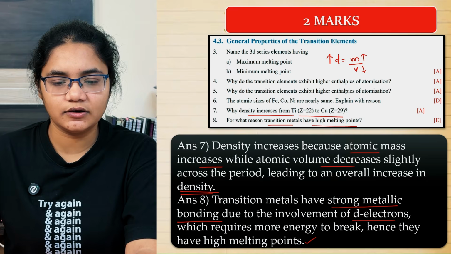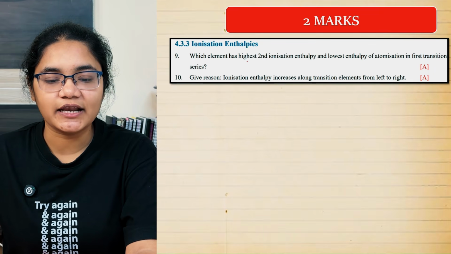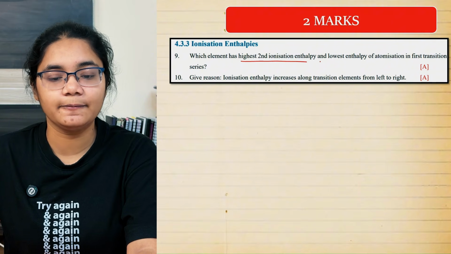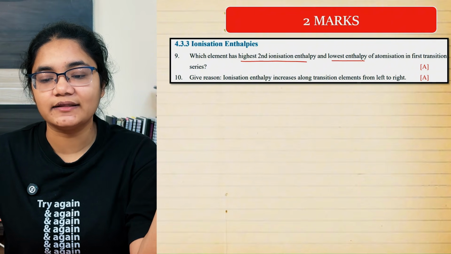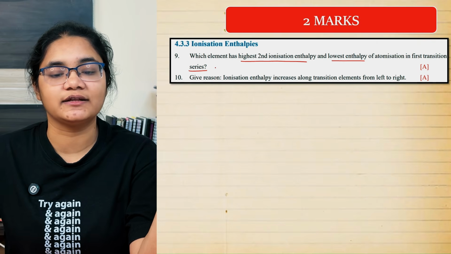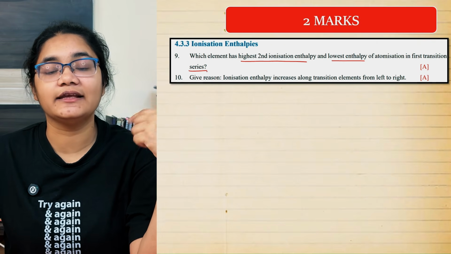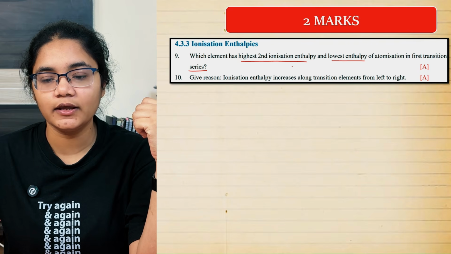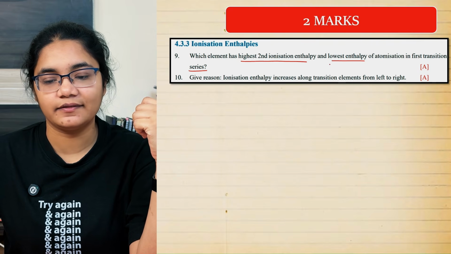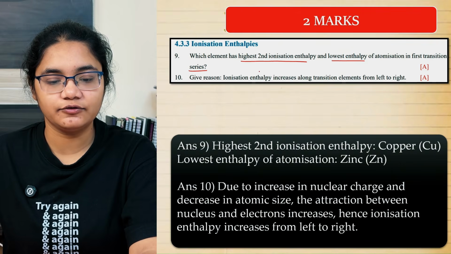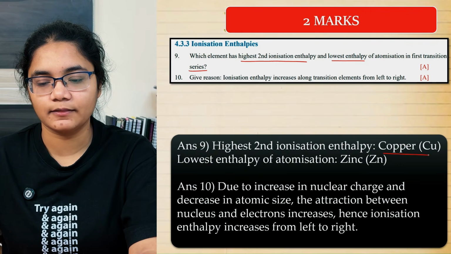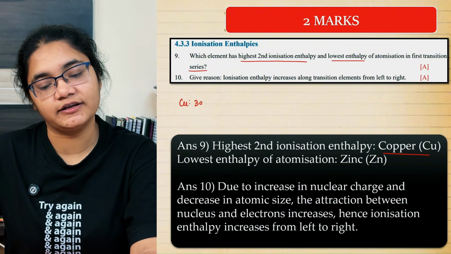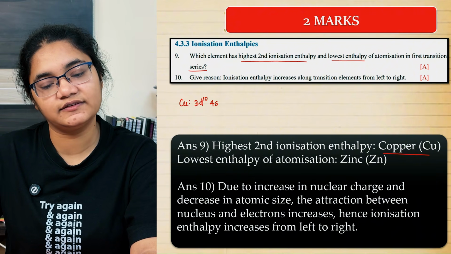Next question: which element has the highest second ionization enthalpy and lowest enthalpy of atomization in the first transition series? So if you see, the answer here is copper, because copper's electronic configuration is 3d10 4s1.